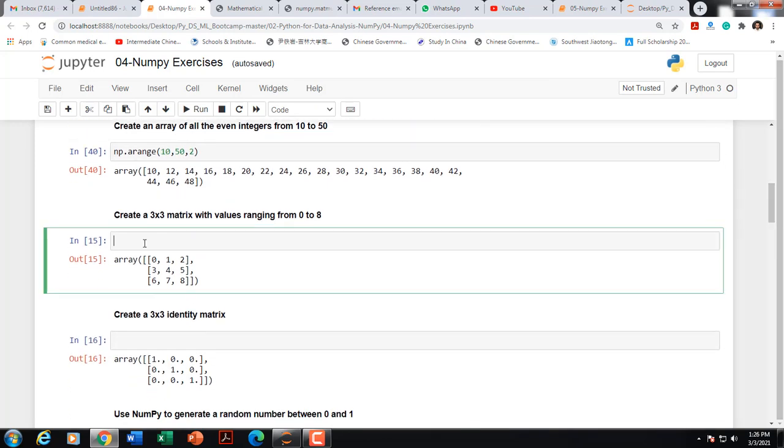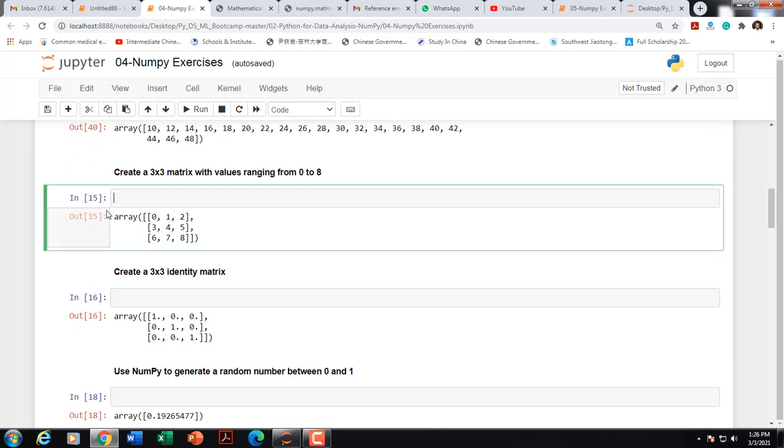The other question is we have to create a 3x3 matrix with values ranging from 0 to 8. So this is a two-step process, but we can do it in one if you want. The first thing is we will create a 9-element 1D vector, and then we'll reshape it as a 3x3 matrix.